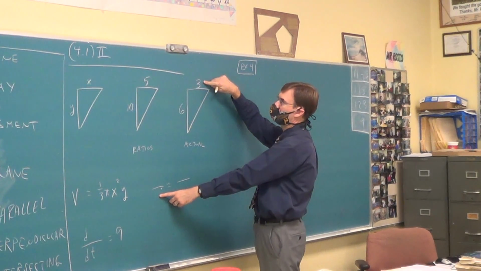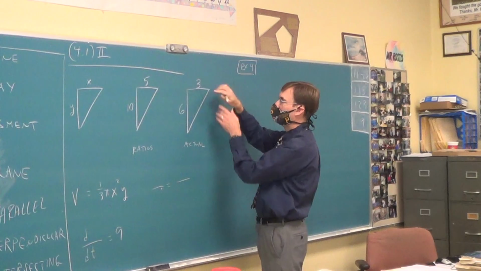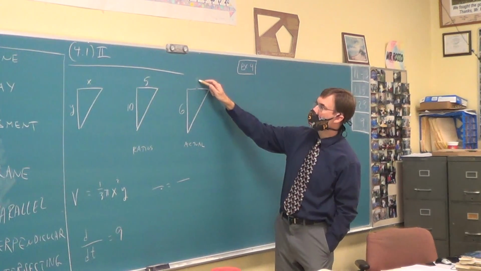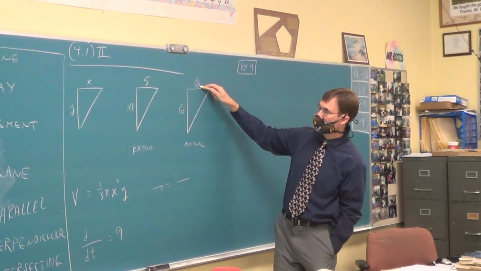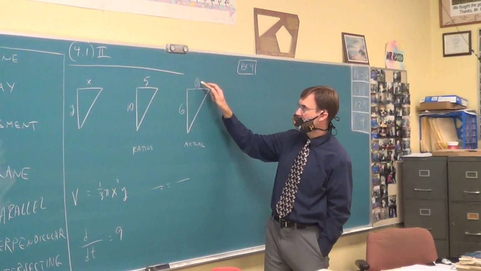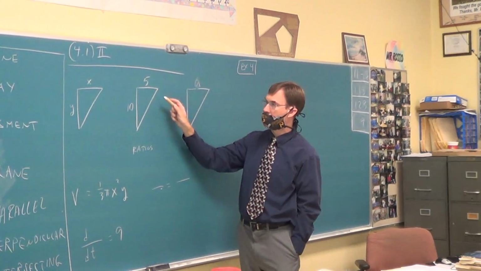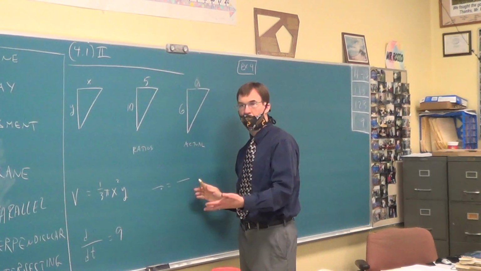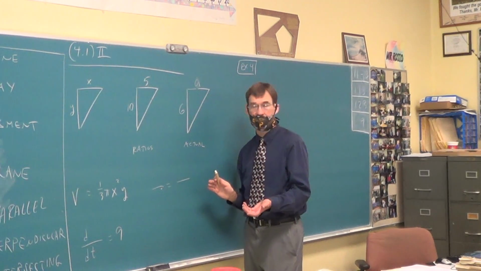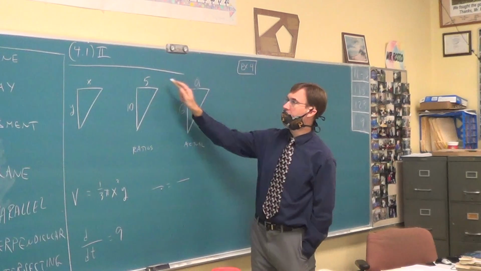So if I want to call this A, if I want to do a setup to just solve for that, I could put A over 6. If I do A over 6, that would equal 5 over 10. Cross multiply and get it, no matter how weird the number would be. You could get a fraction or decimal or whatever you want to get. You could have also done A over 5.